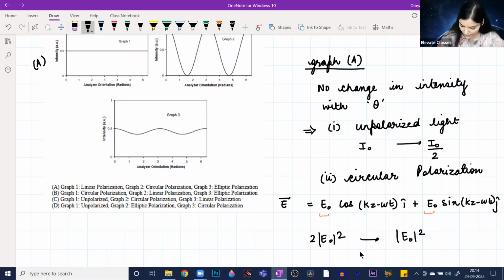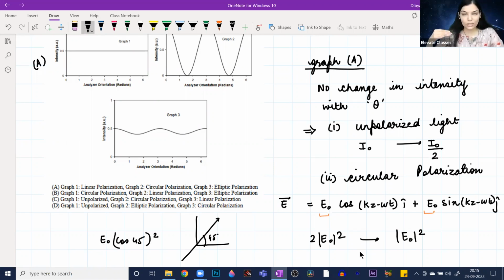तो अगर मैं कोई third case consider करूं जिसमें जो analyzer है उसका pass axis let us say कुछ 45 degree angle बना रहा है, we can check it for all theta, but I am just roughly discussing three simple examples so that we can understand this graph is also true for circular polarization. So अगर मैं 45 degree angle लूँ, तो if I take the first component, तो first component E0 cos 45 square हो जाएगा ना.